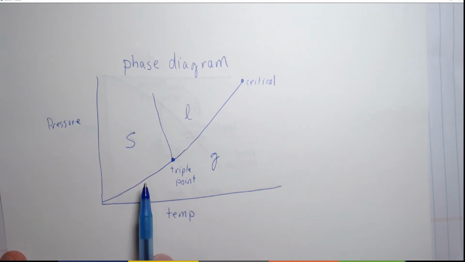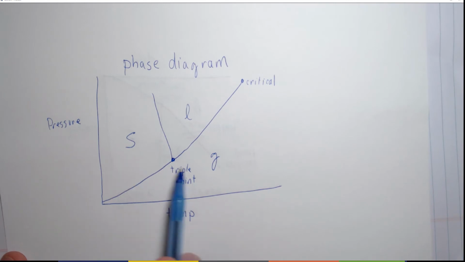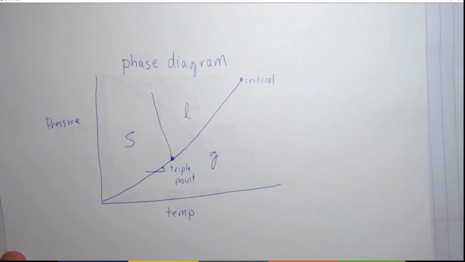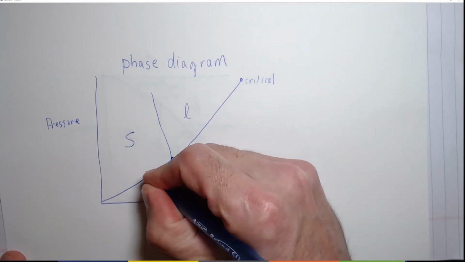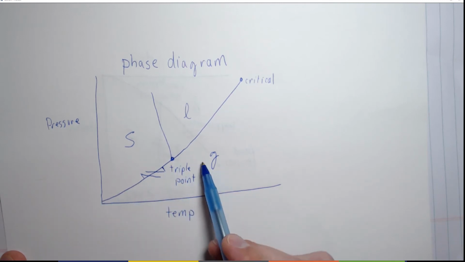Now, let's look at what happens if we cross these boundaries. Well, if we go from a solid to a gas in this direction, we would call that sublimation. If we go from a gas to a solid, in this direction, we would call that deposition. And generally speaking, I've seen this curve called the sublimation curve, okay, in this direction.